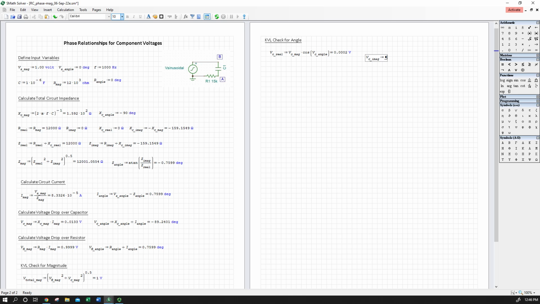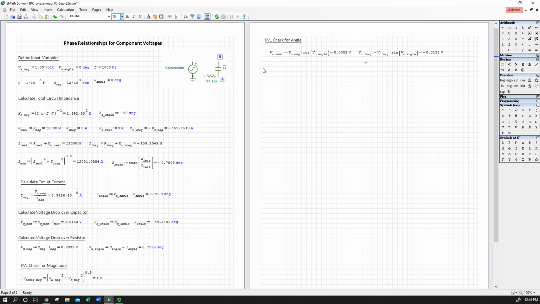So the imaginary component of the voltage drop over our capacitor is going to be the VC mag times sine of our angle. Typing and calculating and talking at the same time. Okay, so real and imaginary components.